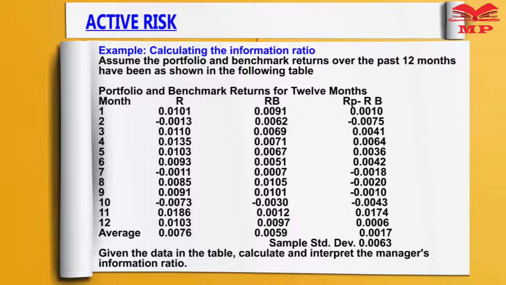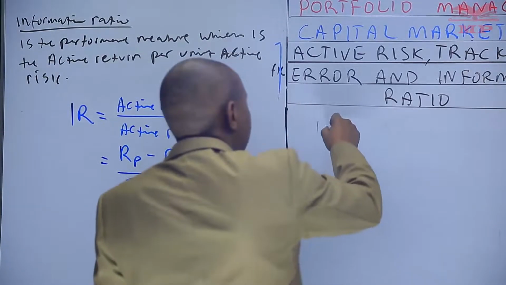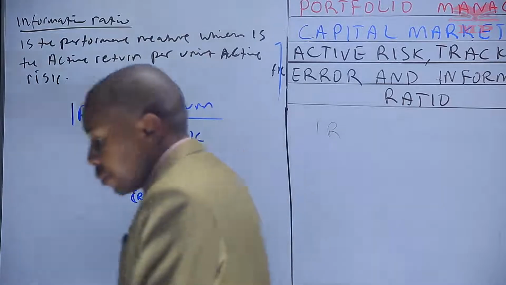There are times that they could give you the return on the portfolio and the return on the benchmark only. So what you're supposed to do is get the return on the portfolio minus the return on the benchmark, and then you get the sample standard deviation. In this case, we've been given the sample standard deviation, and we can compute it very easily.